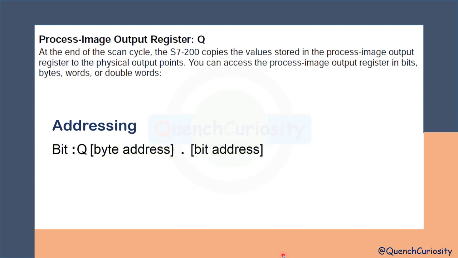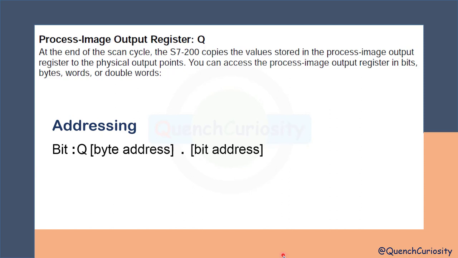It will become easier for you to understand that for input and output, the only thing that changes is the file identifier, either I for input or Q for output. However, how many inputs and outputs you have depends completely on the type or model of PLC you are using.